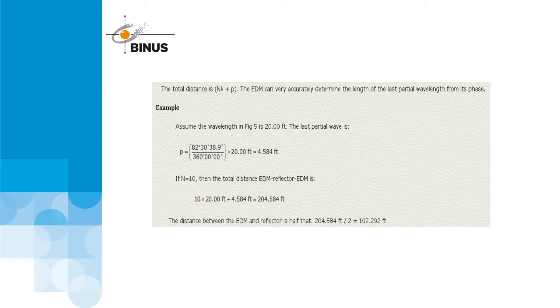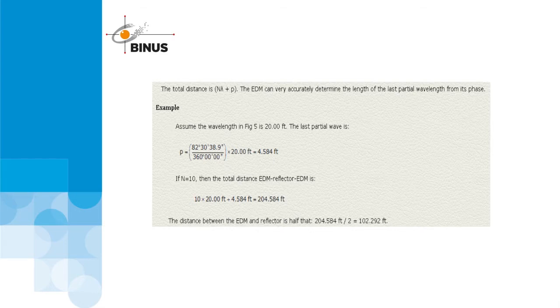To calculate the last partial wave, 82 degrees, 30 minutes, and 38 seconds is divided by 360 degrees, which is then multiplied by one full wavelength, which is 20 feet. And you will get the length of the partial wavelength, which is 4.584 feet.